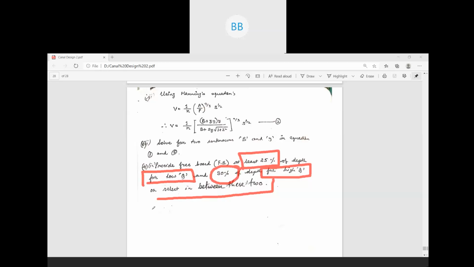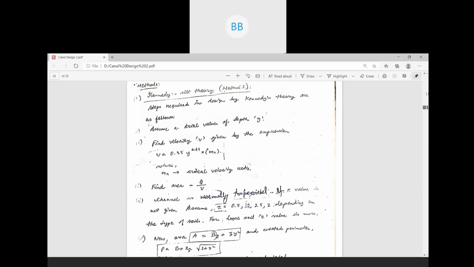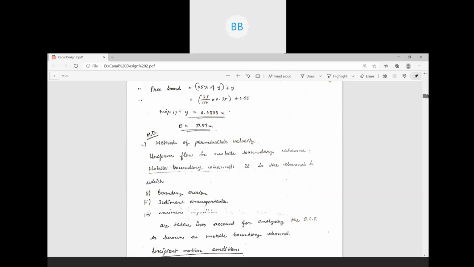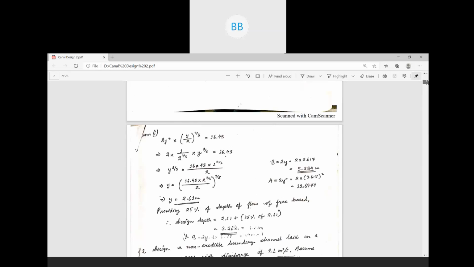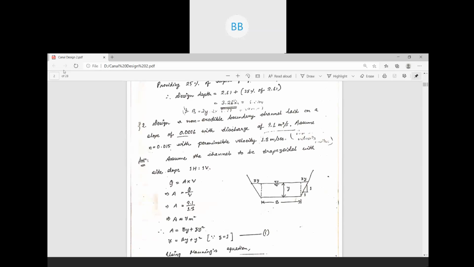So these are the steps for permissible velocity. We are going to solve one numerical related to this, then it will be more clear. So this is a numerical, you can write it down.